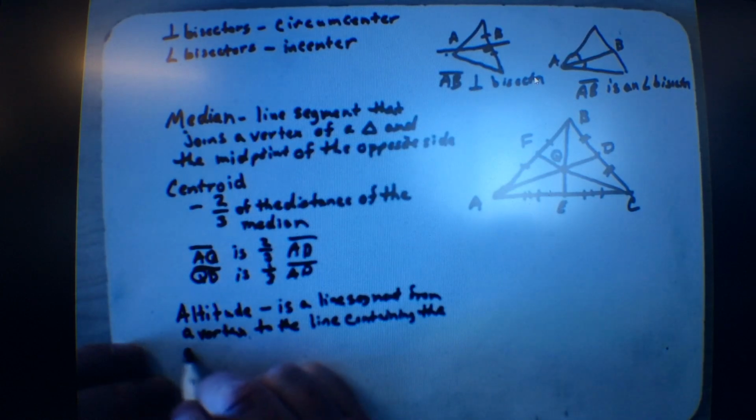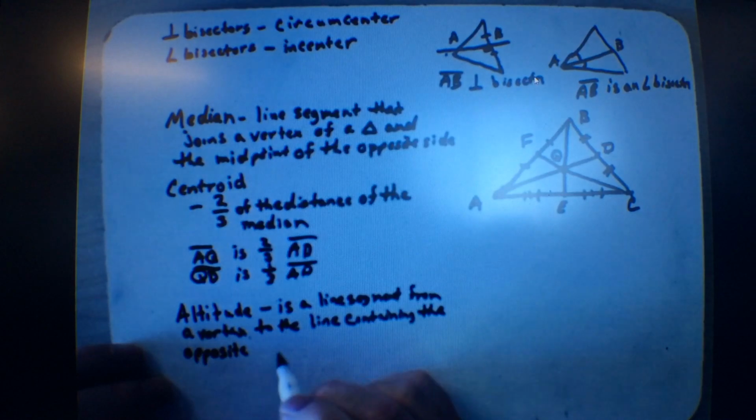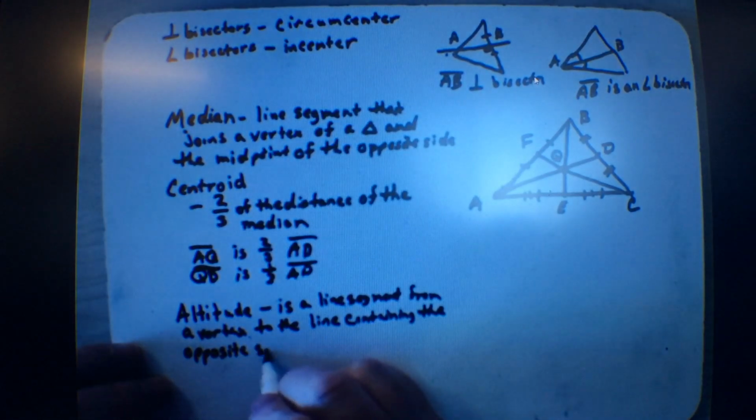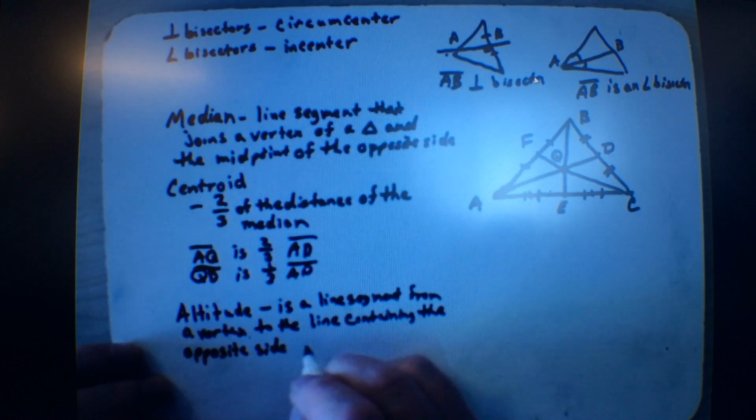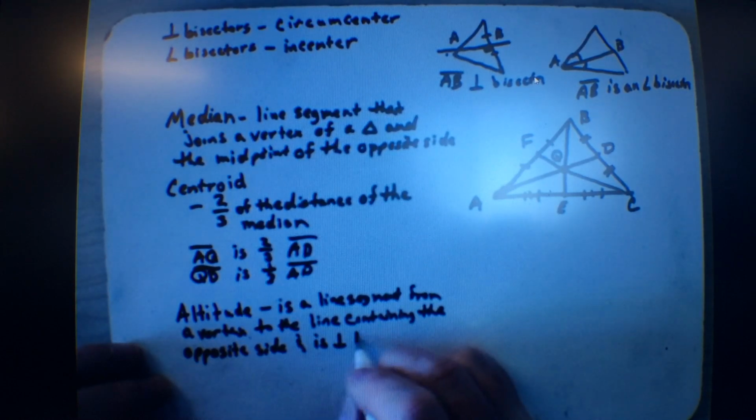Now I'm going to explain this to you in a minute because you're going to freak out. You're going to say, I do not understand it. The opposite side, and is perpendicular to that line.